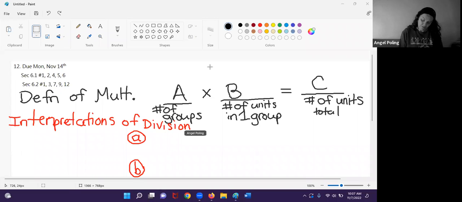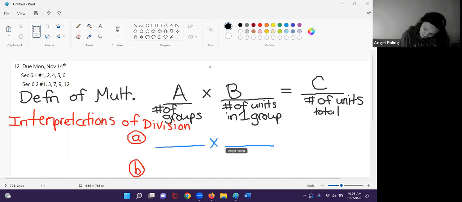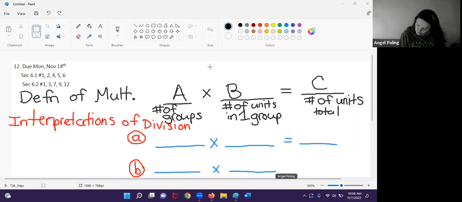Okay, so let's put our frame in. This is our tool right here.